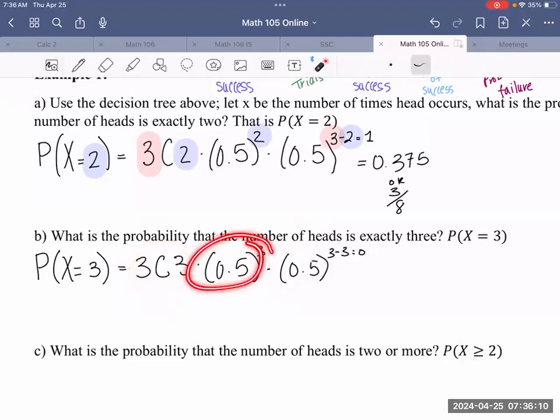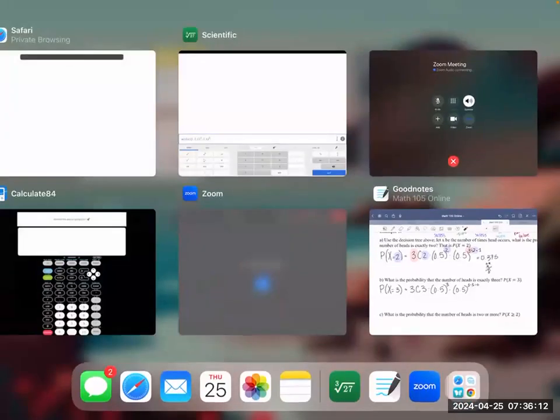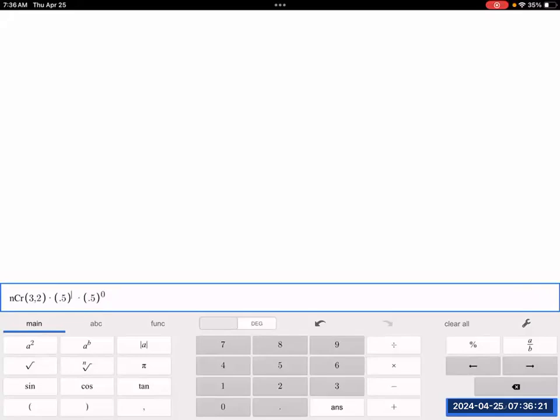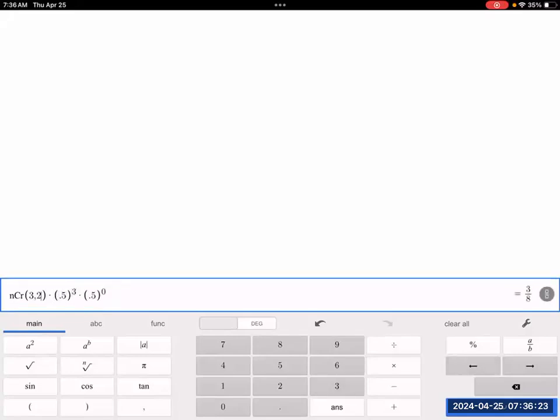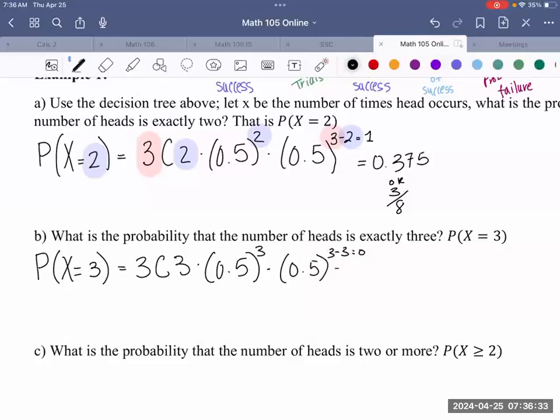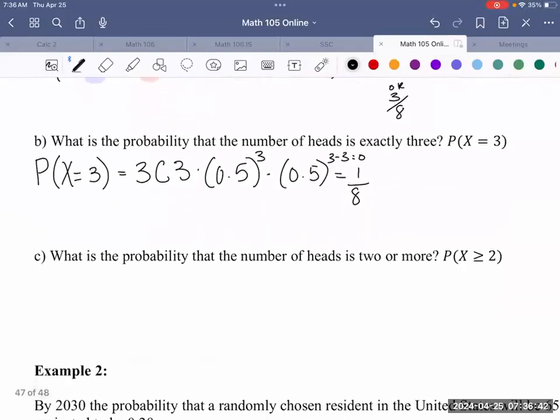So it's really just this probability that we're looking at. So we get 1/8. And again, all of that should look very similar to your decision tree and your probability distribution from last time, because I didn't step up the number of coin tosses. So this one is pretty manageable.